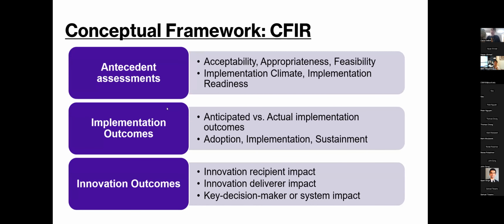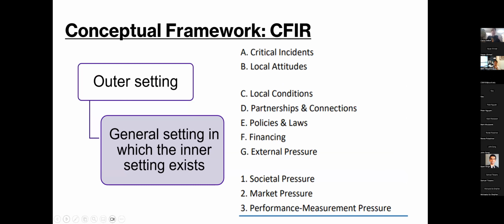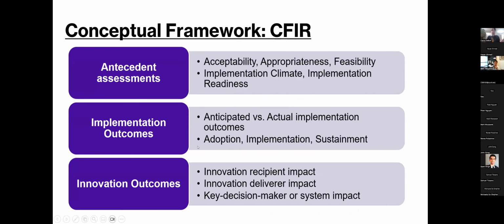And again, CFIR is also nice because they have the big list that I showed a second ago. But then for an implementation project, they have a separate page on its own. It can kind of tell you, all right, what's the antecedent assessment?